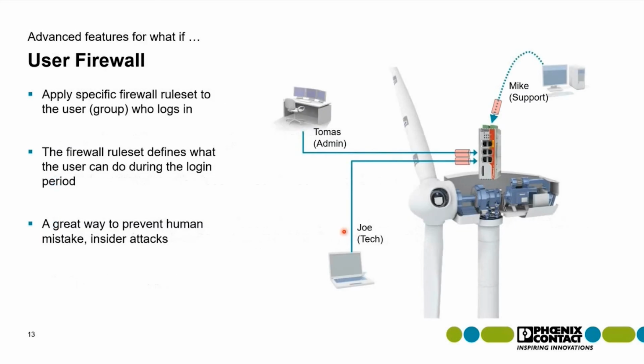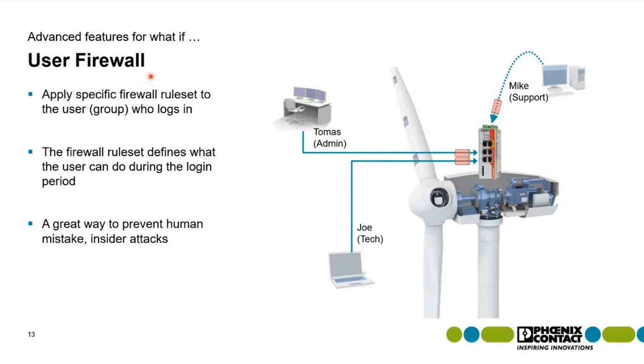Now you might wonder what to do if I really need direct communication from external to internal while I have a DMZ. The good news is that there are some advanced features. For example, one is called the user firewall.